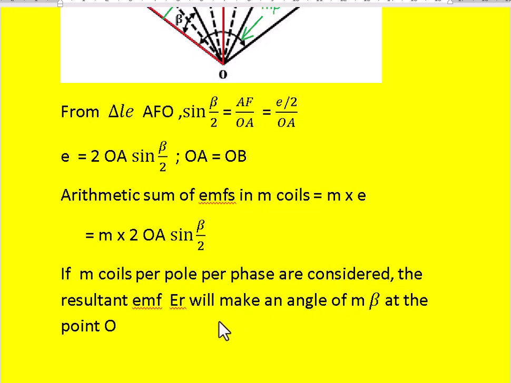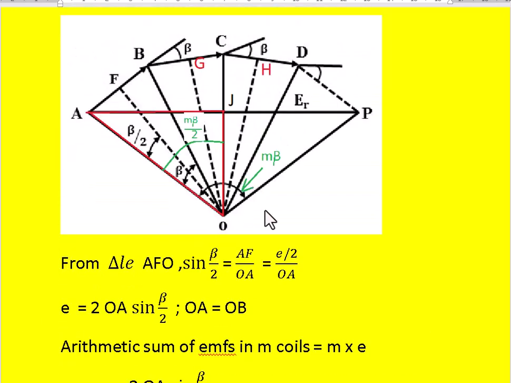Since M coils are considered per pole per phase, the resultant EMF will make an angle at the point O. Earlier, one coil made an angle of beta at this point, and now M coils will make an angle of M beta. For the single coil, we calculated sine beta by 2 as the bisector value of voltage, AF divided by OA, that is E by 2 divided by OA.